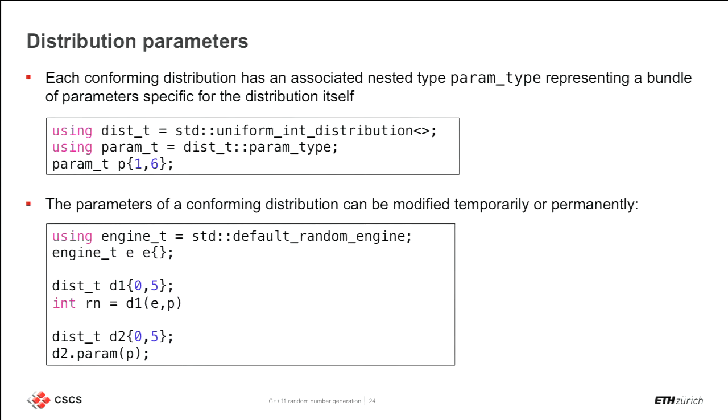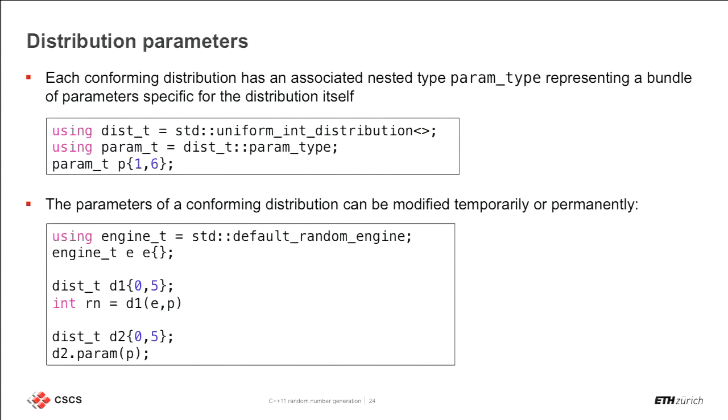The parameters of the distribution can be assigned when you create the distribution, calling the constructor, but then you can also change them when you start to use the distribution in a temporary way. So in this case, for example, we are generating a random number from this distribution D1, which is the uniform distribution.